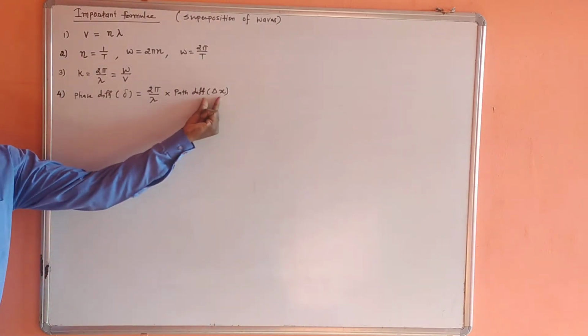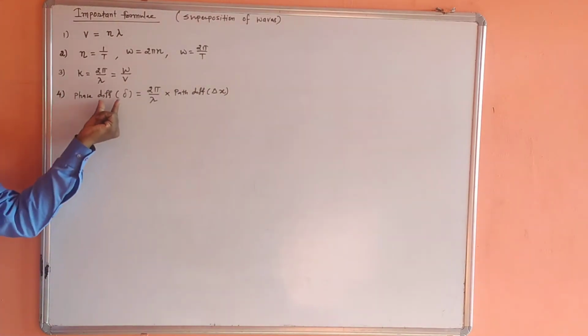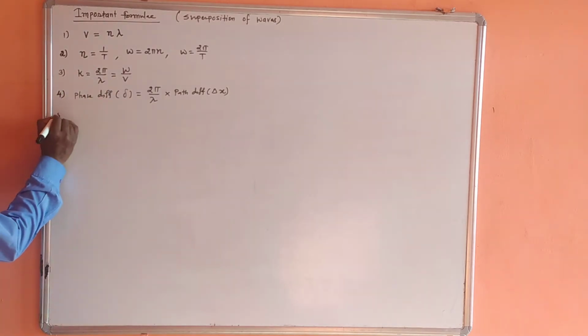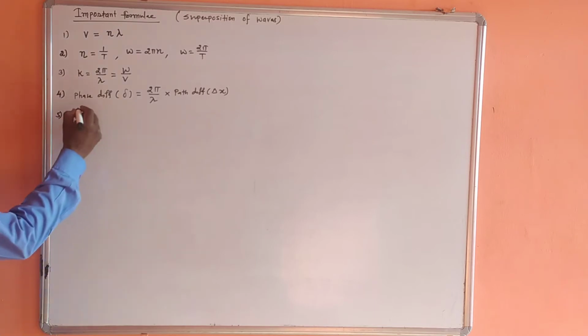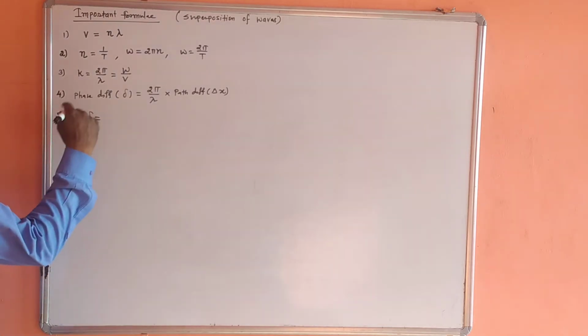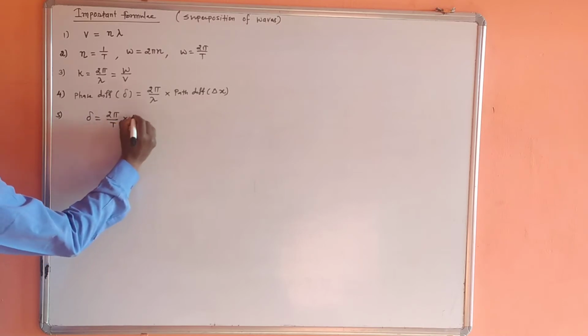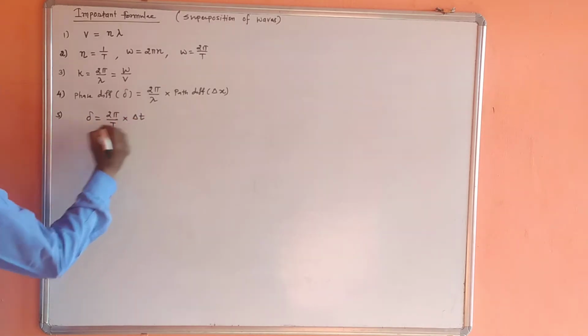Difference of distance, del x. Difference of angle, path difference, del. Then this phase difference del we can also represent in terms of time interval, 2 pi by T into time interval del t.